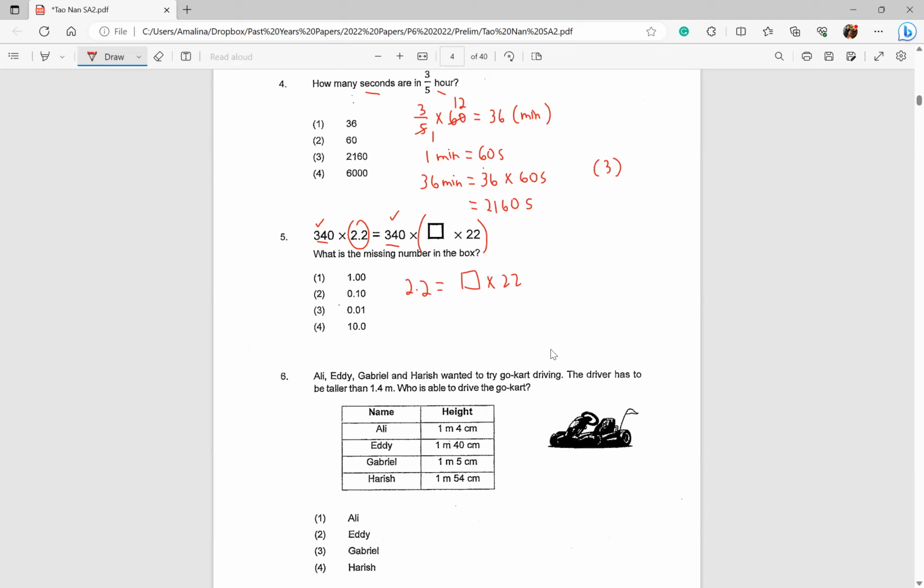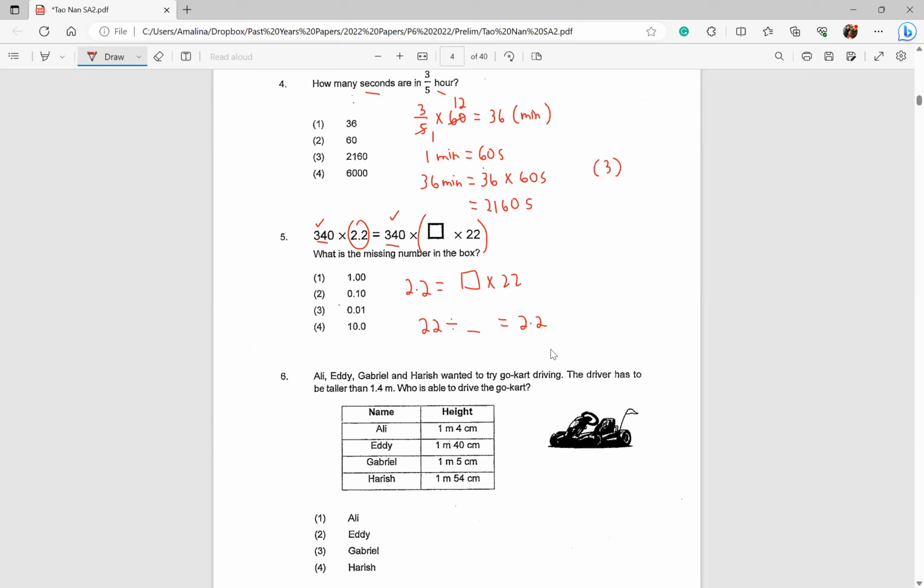Or if you see it this way, from 22 becomes 2.2, means you have to divide by a certain number.